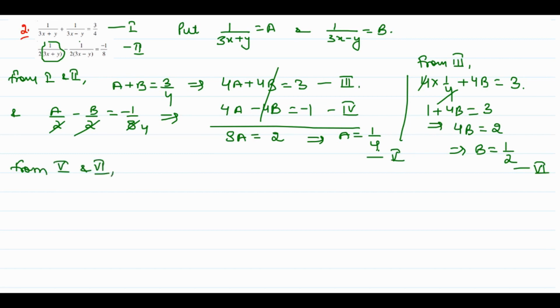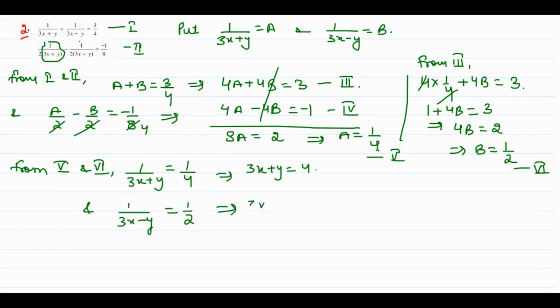We have 1 upon 3x plus y is equal to 1 by 4, implying further 3x plus y is equal to 4. And 1 upon 3x minus y is equal to 1 by 2, implying 3x minus y is equal to 2.